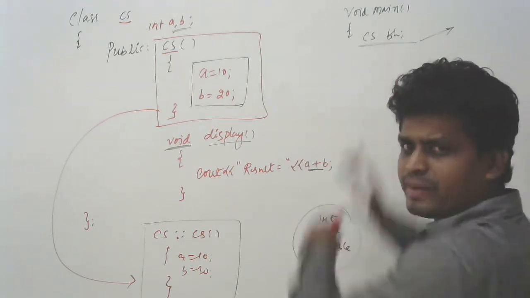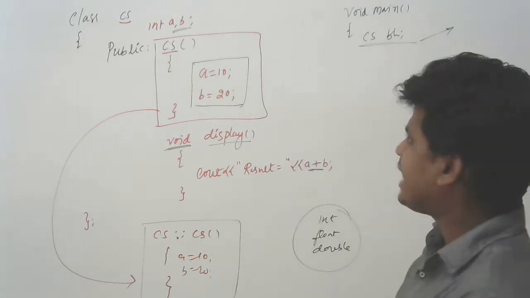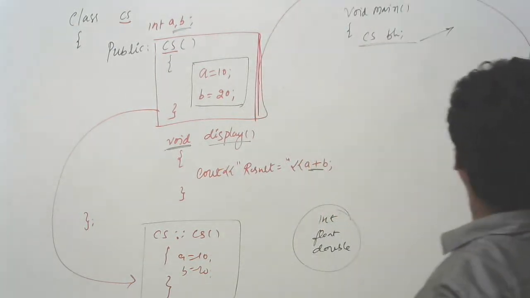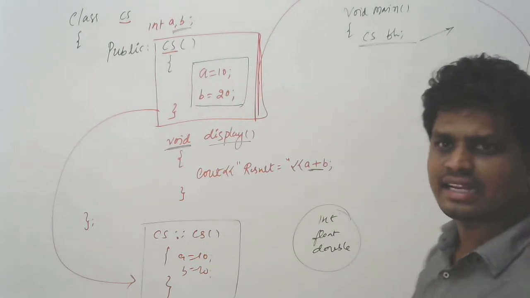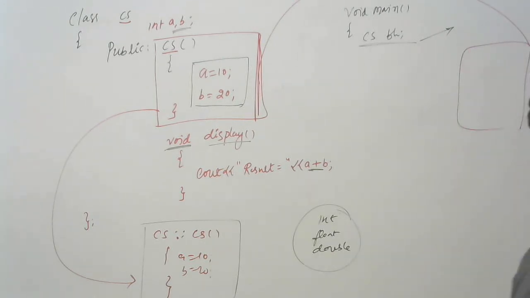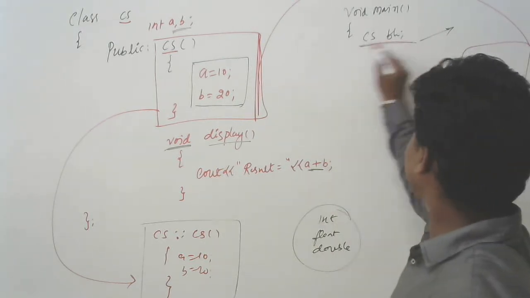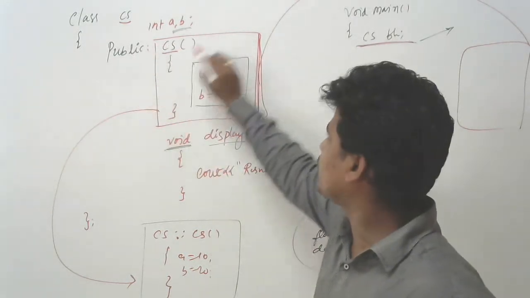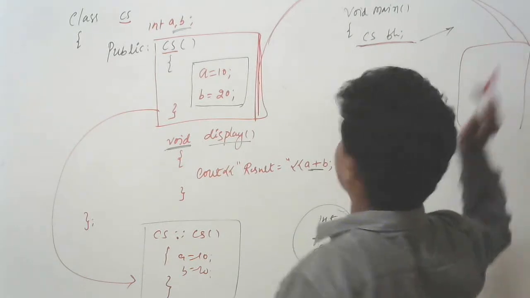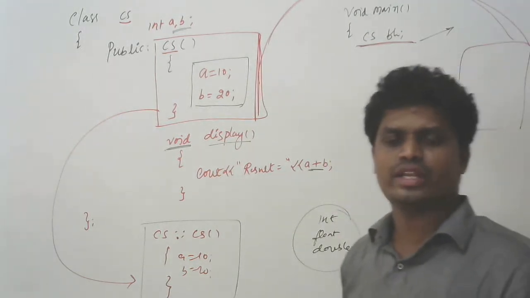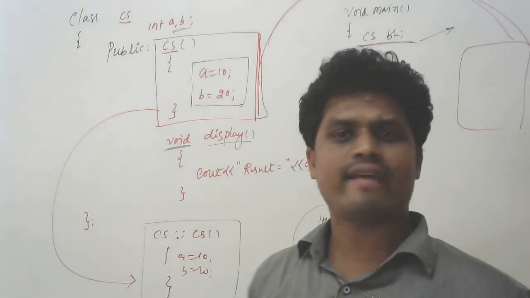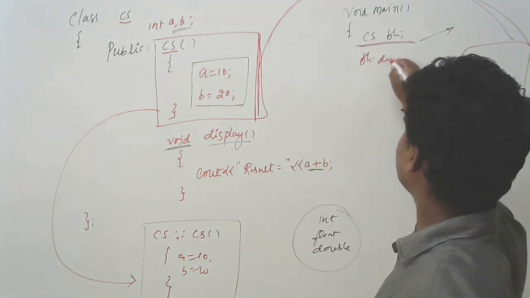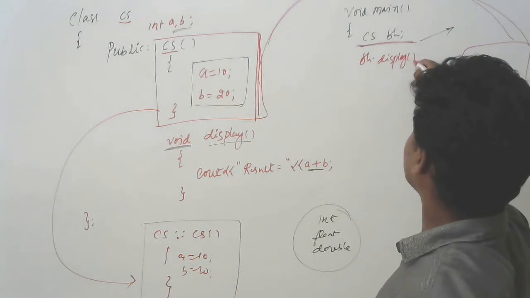When you write this particular line, this entire body will be called inside the stack. Entire body will be called here. When it creates the object, this complete constructor body will be called immediately into the stack memory to store the constructor value. Next, bh dot, the normal function name is display.